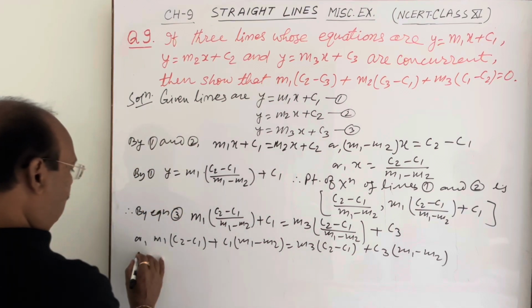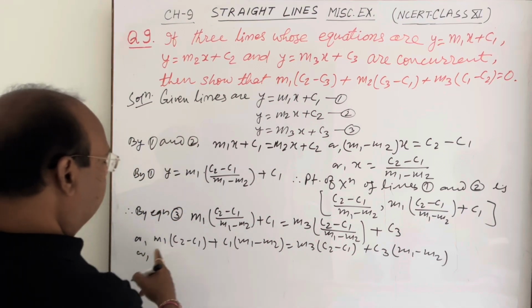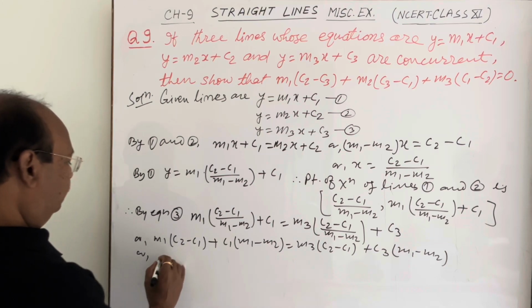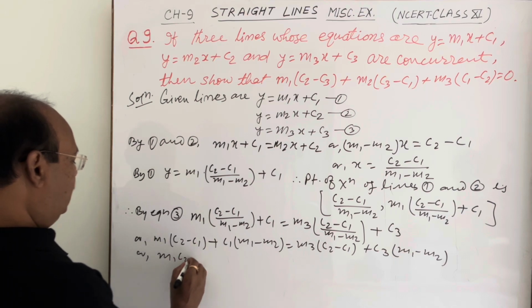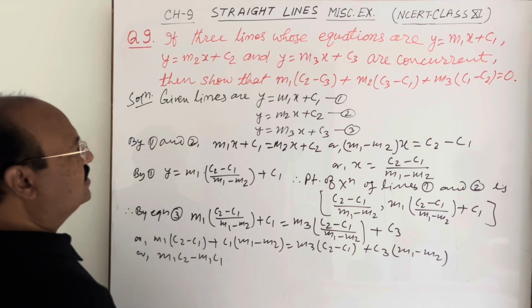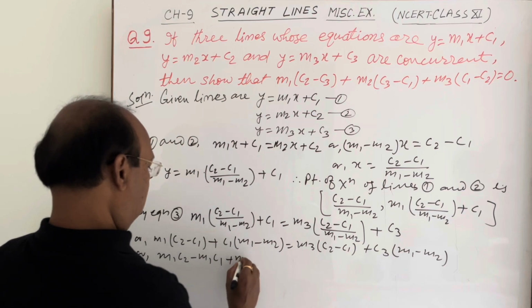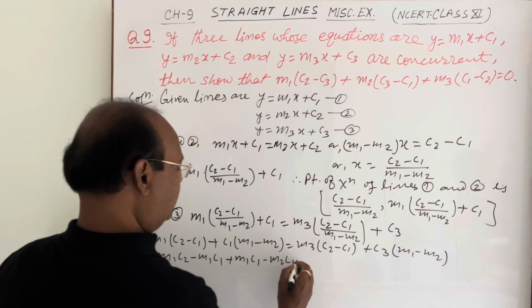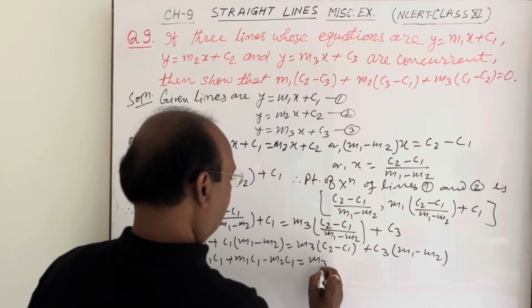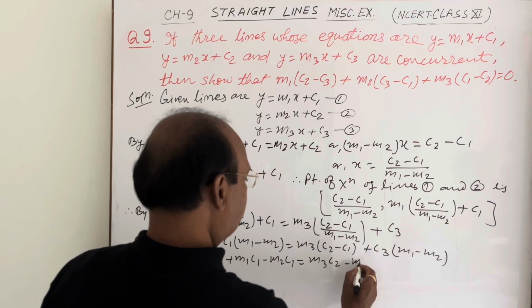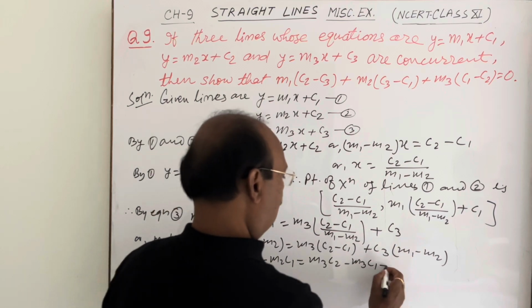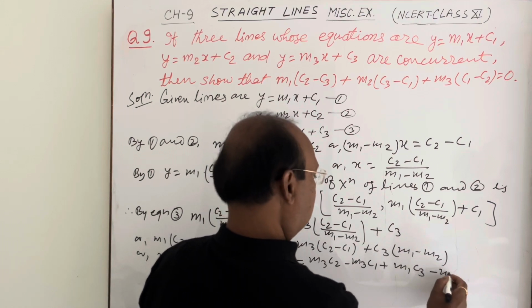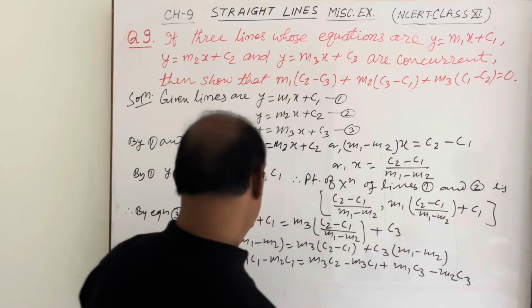Okay, now multiplying these factors, we'll get m1c2 - m1c1 + m1c1 - m2c1 = m3c2 - m3c1 + m1c3 - m2c3.